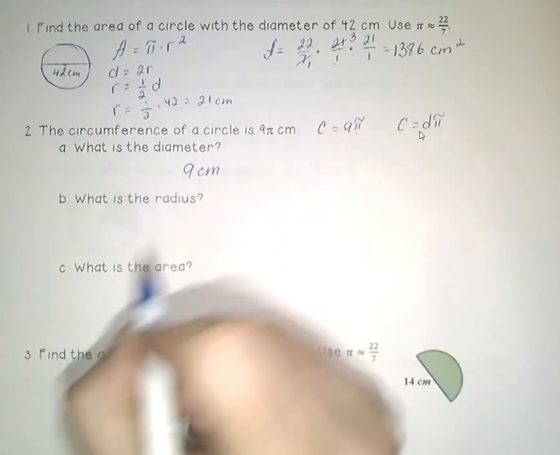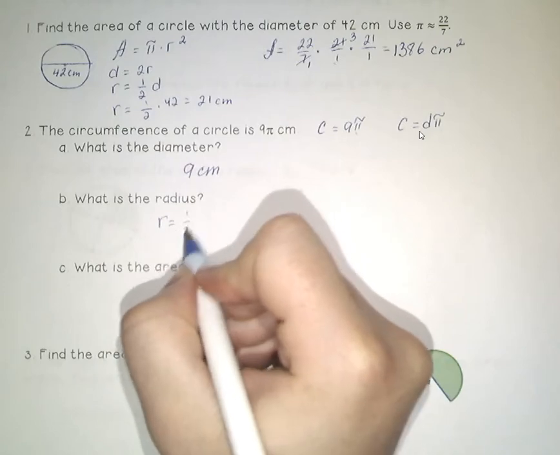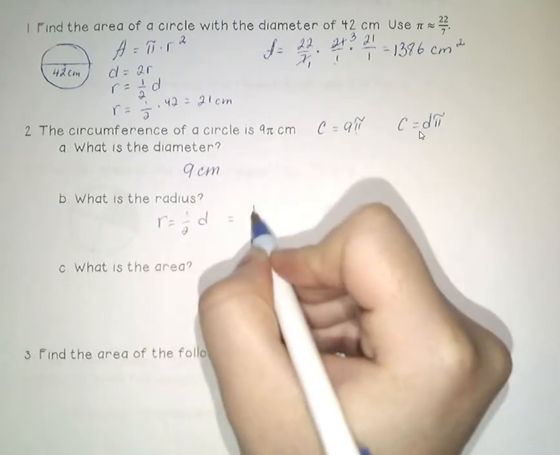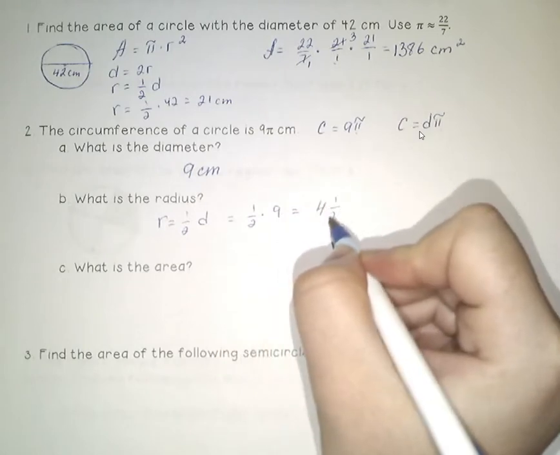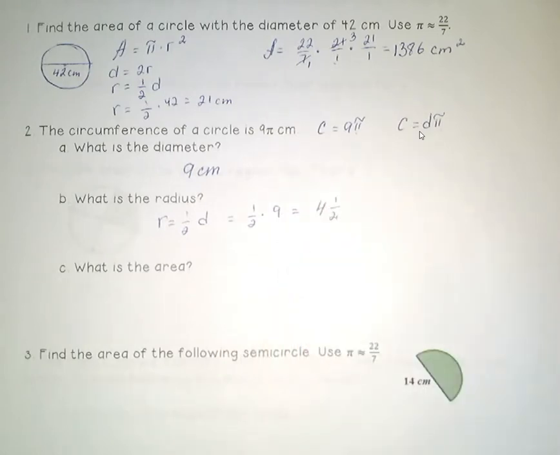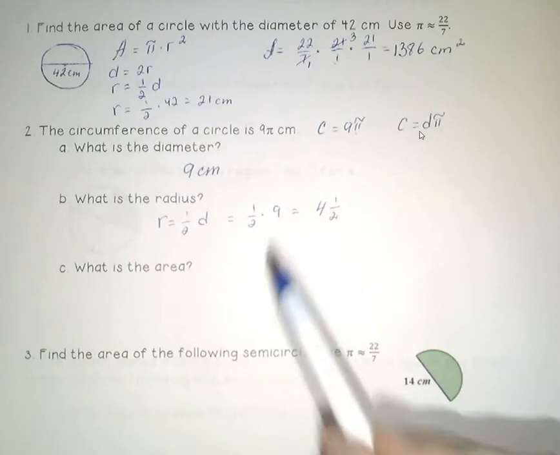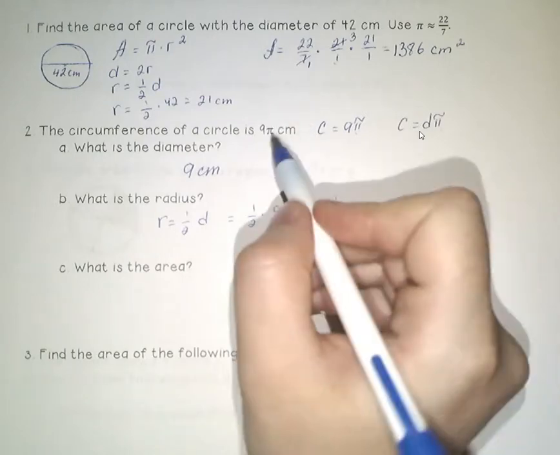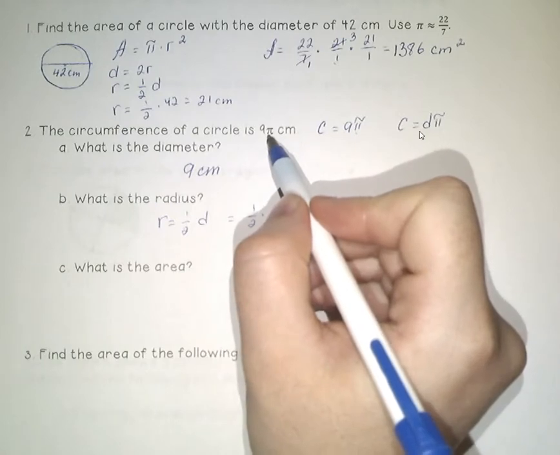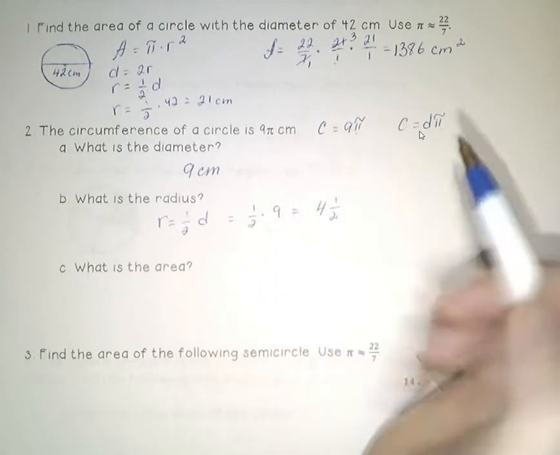The radius is going to be half the diameter, right? Radius is 1/2 of the diameter, which is 1/2 times 9, which is 4 and 1/2. To find the area, we are going to multiply, and here they don't specify what to multiply by, but I'm looking at circumference and I see pi used as a letter, so I'm going to stick with the pi as a letter.